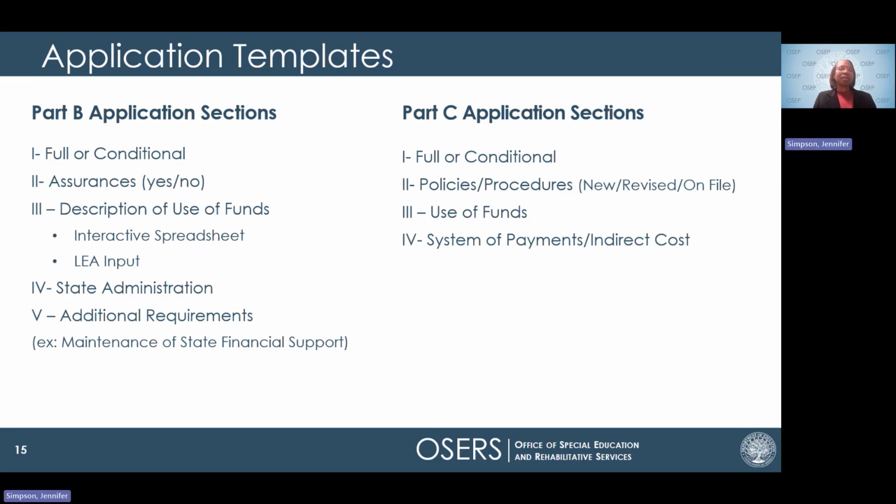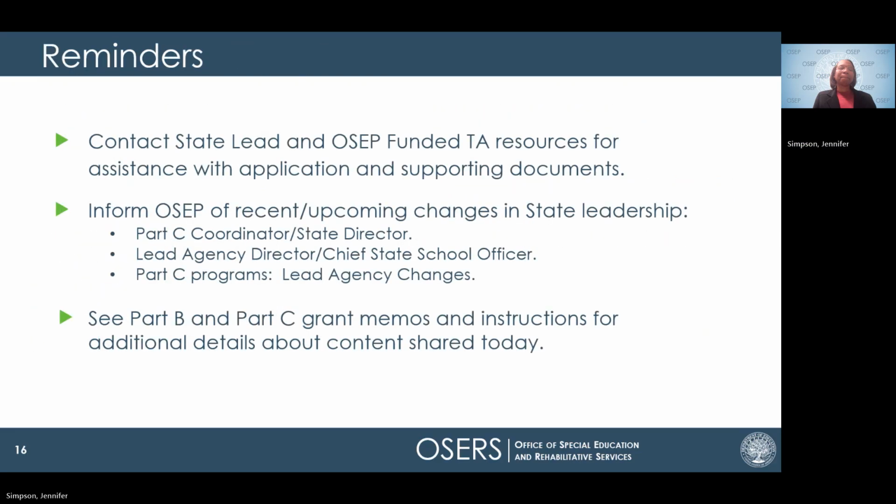With the Part B document, you have Section 4 for state administration and Section 5, maintenance of state financial support. Whereas for Part C, Section 4 is system of payments and indirect costs. A few reminders. Remember that your OSEP State Lead is a resource, as well as OSEP-funded TA centers.